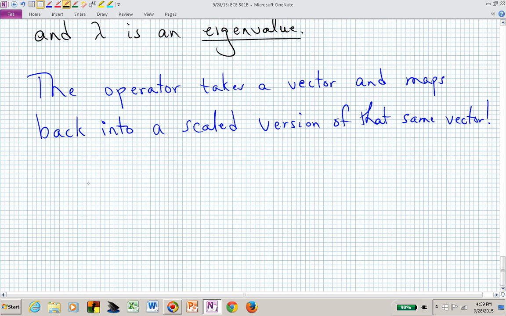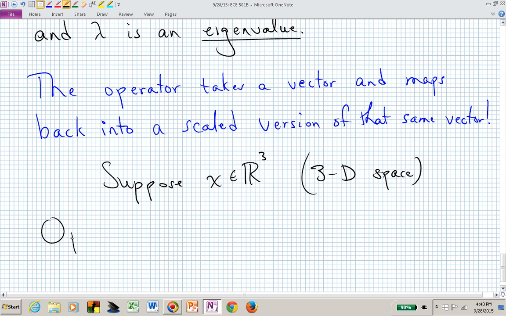Or, put yourself in a three-dimensional real environment, which could be this room. Identify some origin. We are now in 3D space.